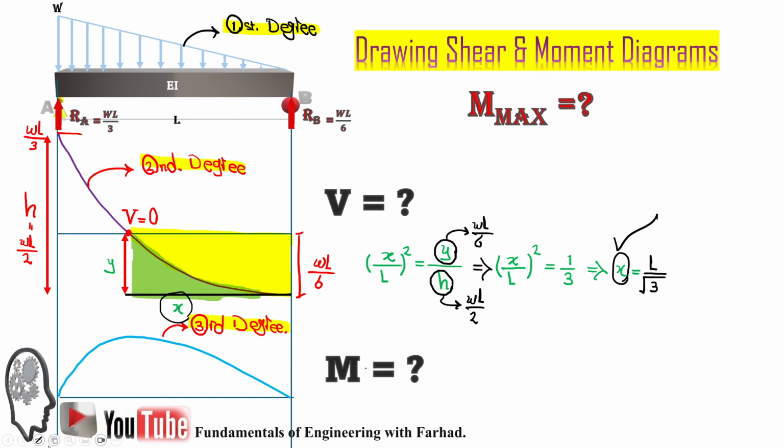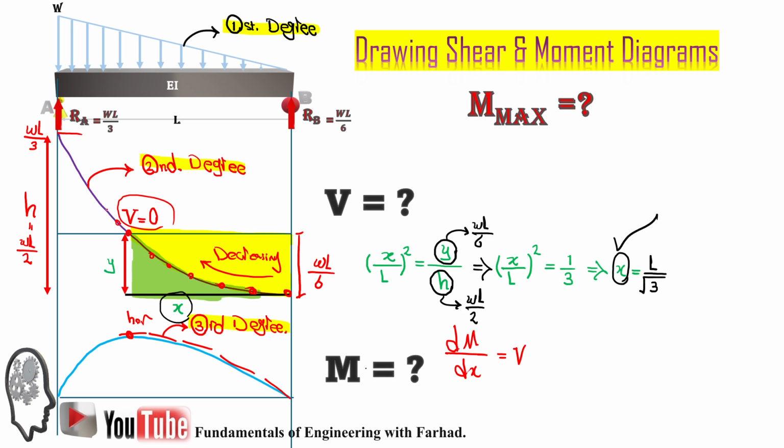The same story for dm over dx. If you remember, we talked about it earlier. So if dm over dx is equal to shear, the slope of moment over x is equal to shear, you can easily see the absolute value. Be careful, the absolute value of shear is decreasing. So it simply says the slope of moment is decreasing until it reaches v equal to 0. That's a horizontal line.